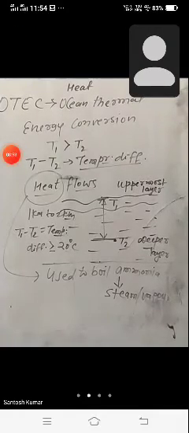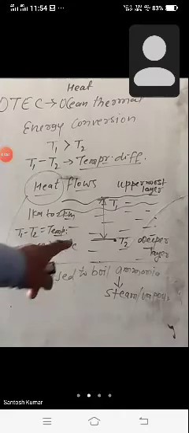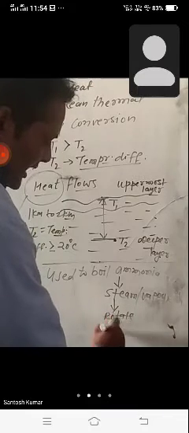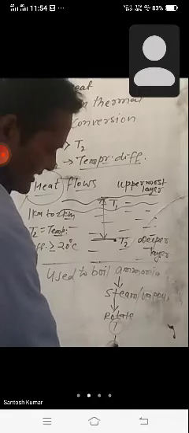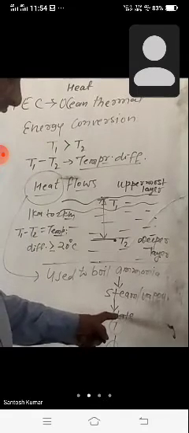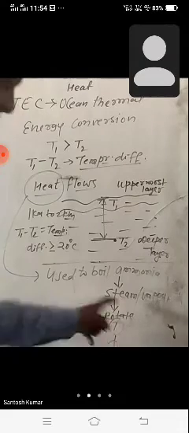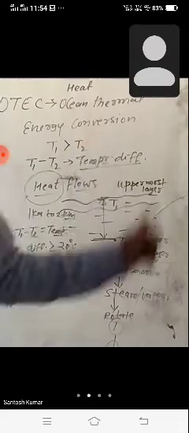This steam is used further to rotate the turbine, or you can say rotate the wheel, the blades of the turbine of the generator, and when the generator rotates, electricity will be produced.